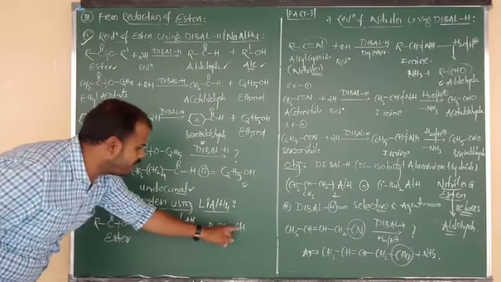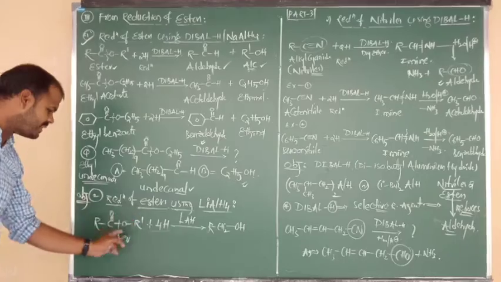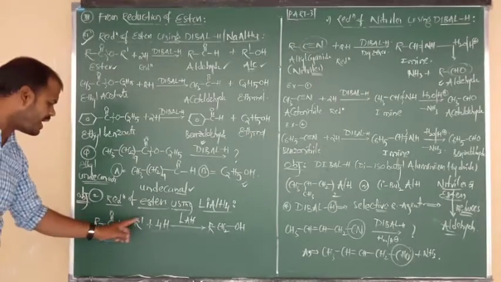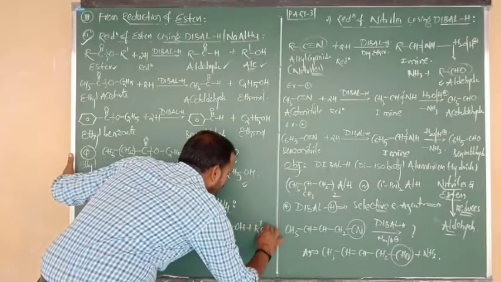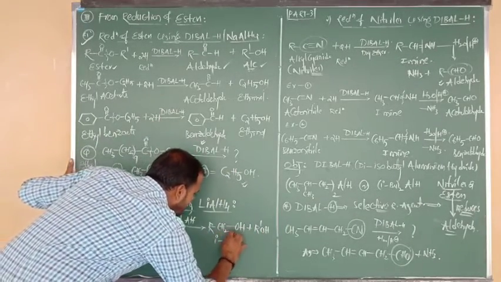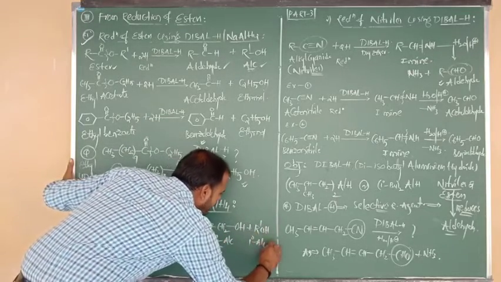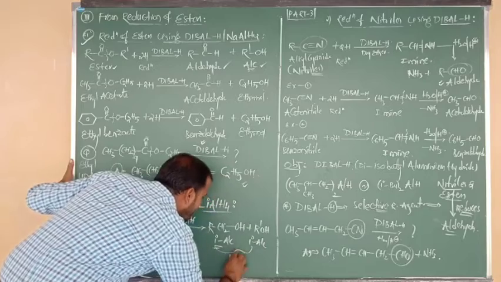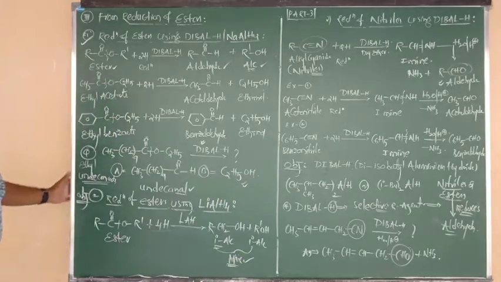So up to now we have utilized 3 hydrogen atoms. One more H atom is given to the other half form, R-OH. So RCH2OH is nothing but a primary alcohol. R'OH is also nothing but a primary alcohol. In that way, that's why I told you that we get a mixture of primary alcohols.